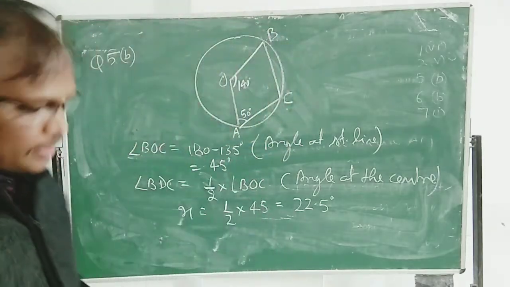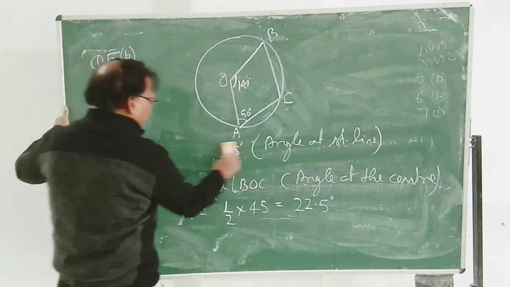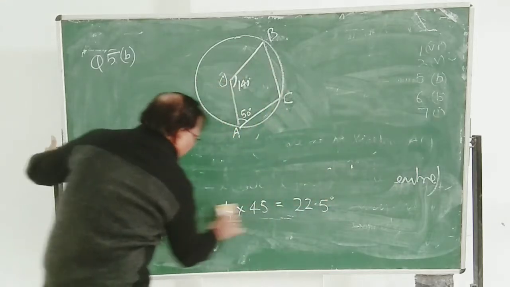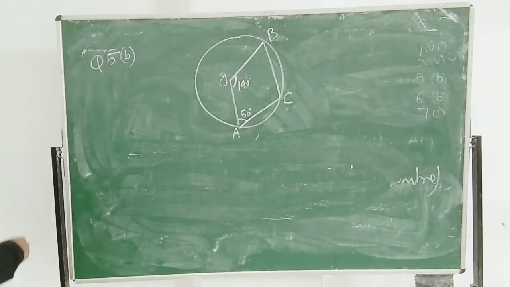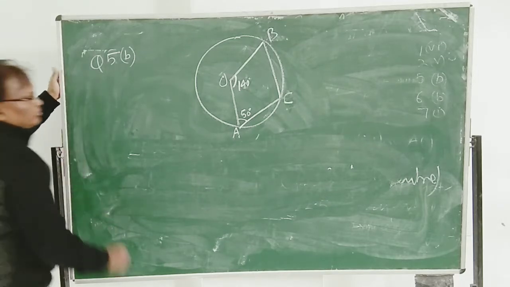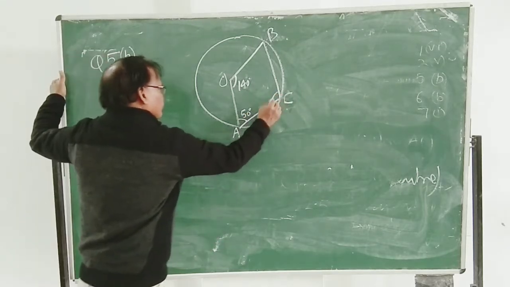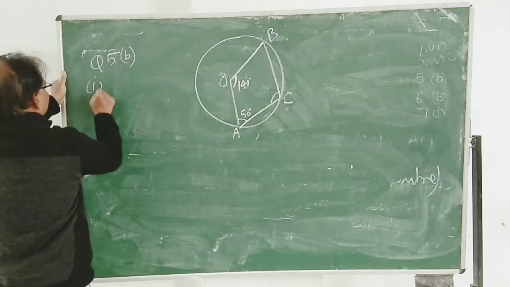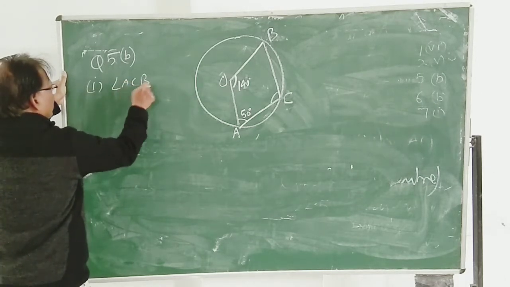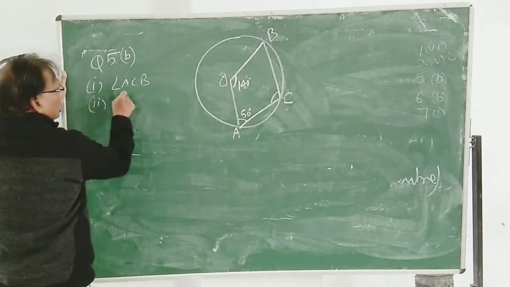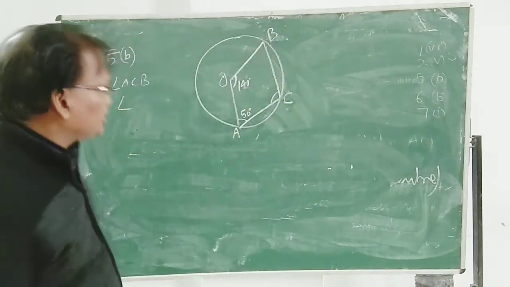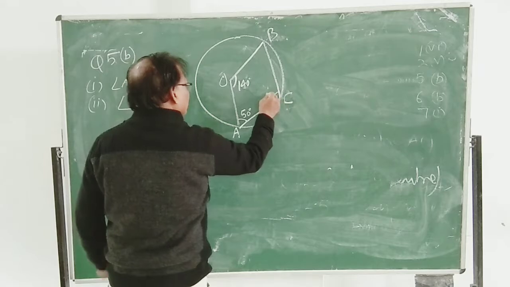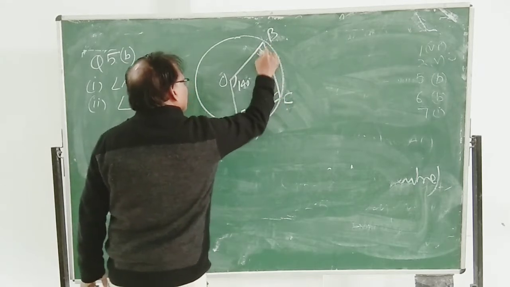Find angle ACB, उसमें कई सारे एंगल निकालने हैं. Find angle ACB, this angle you have to find. Angle OBC, this is x, this is y.